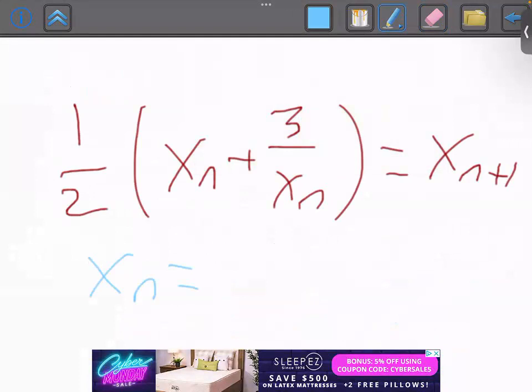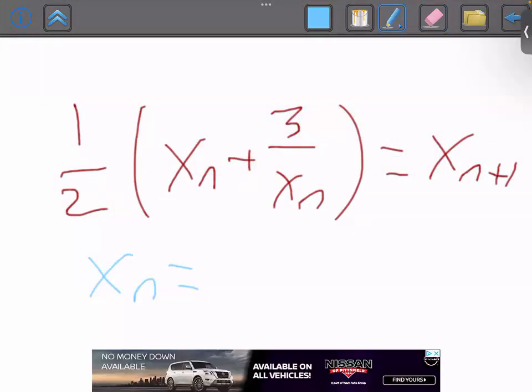Not 3. Doesn't have to be an integer, doesn't have to be irrational. Square root of 3, right? Imagine you happen to have xn equals the square root of 3. What happens when you put that in here? You get root 3 plus 3 over root 3. Oh, that's just 2 root 3, divided by 2. It just stays the same. So once you hit the square root of 3, you stay at the square root of 3.